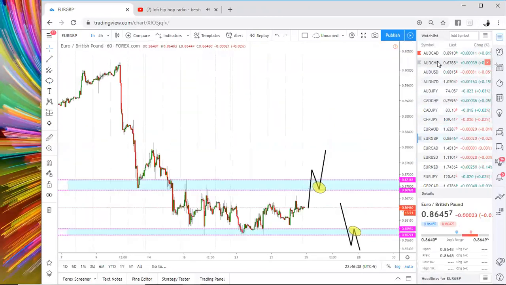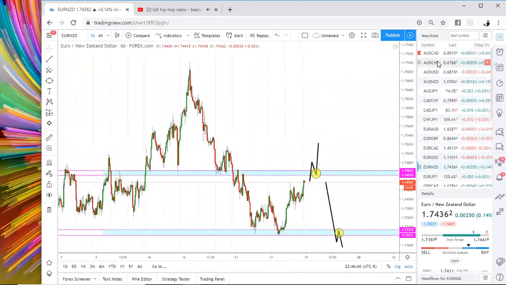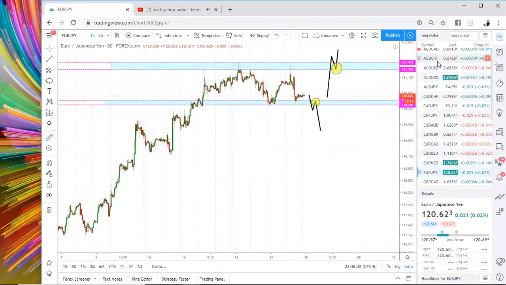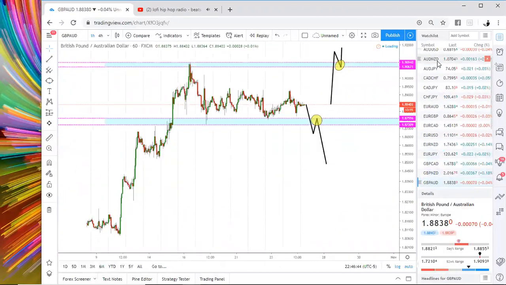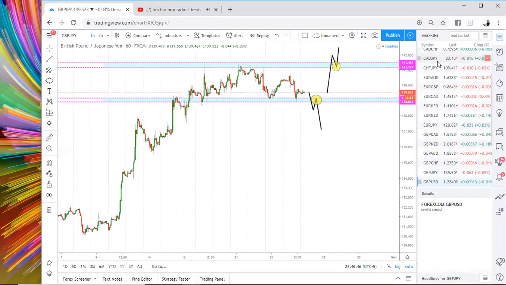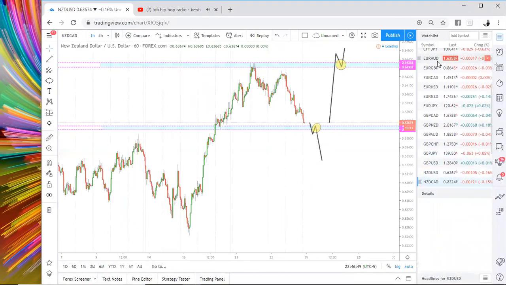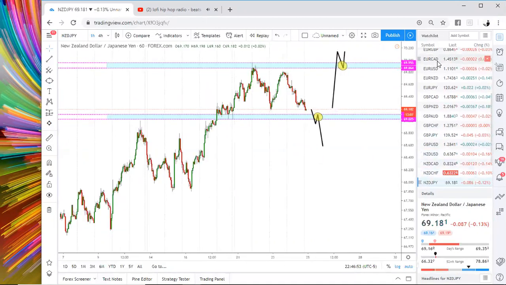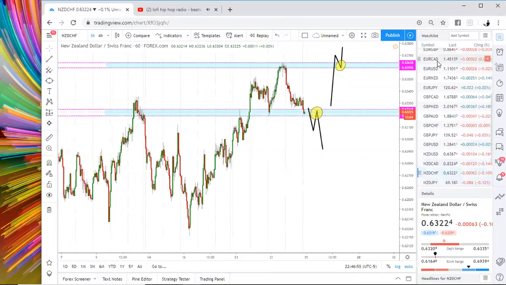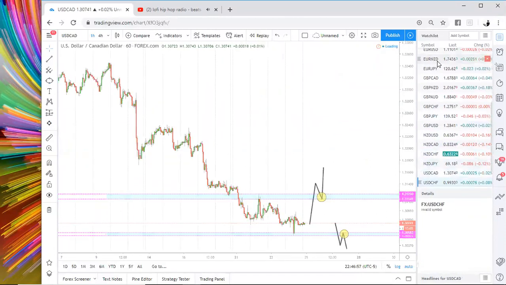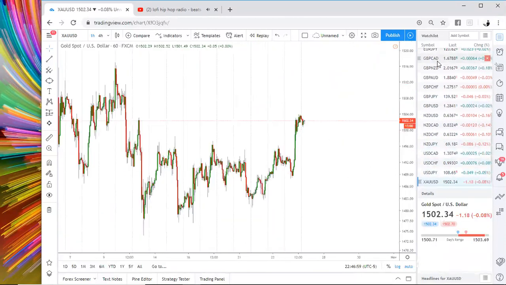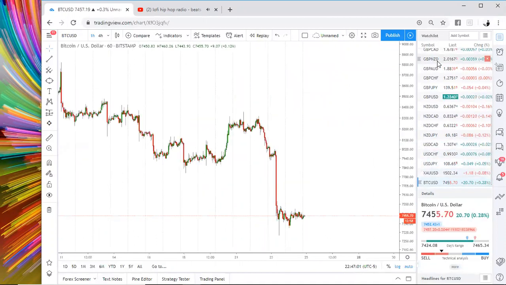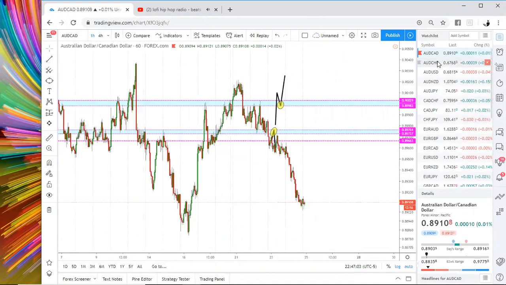Just keep going. So price is trapped. Fair to say, right? Yeah, those GBP pairs are looking swaggy. Okay, look at NZD. Yeah, we are good to go. I don't trade gold, and I'm not doing this on Bitcoin.